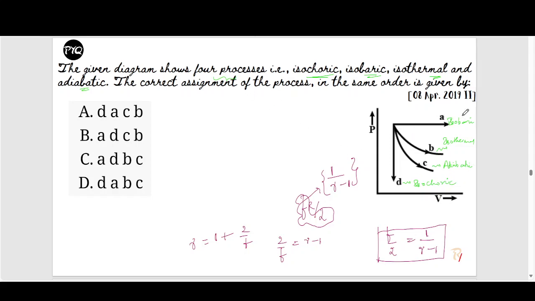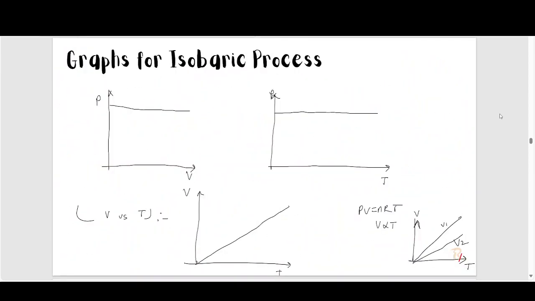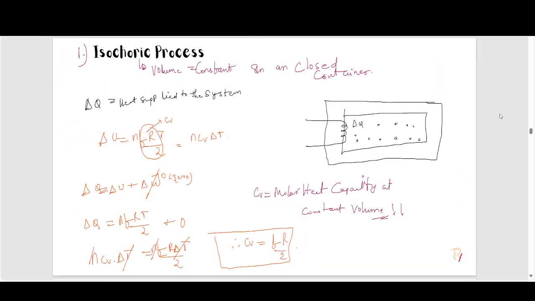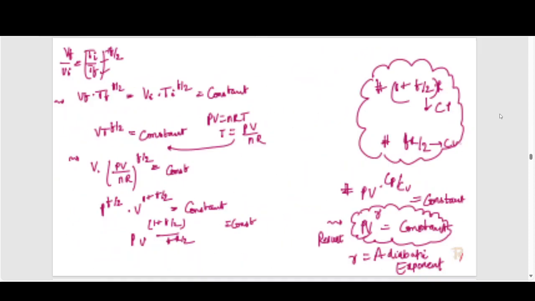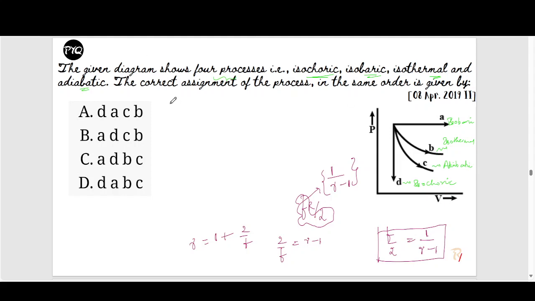Since I have explained this, in isochoric volume is constant, therefore it gives me a straight line here.